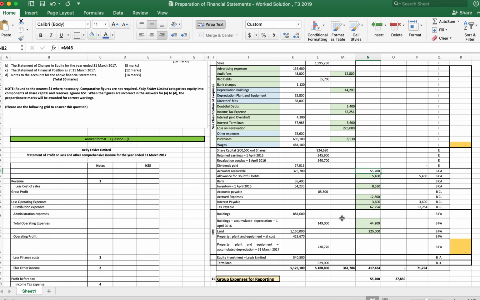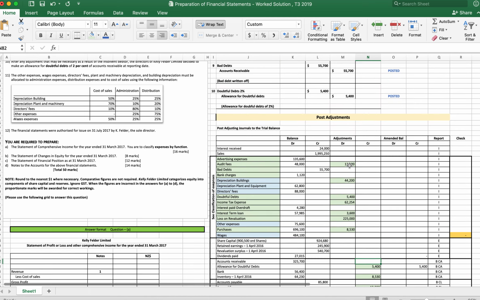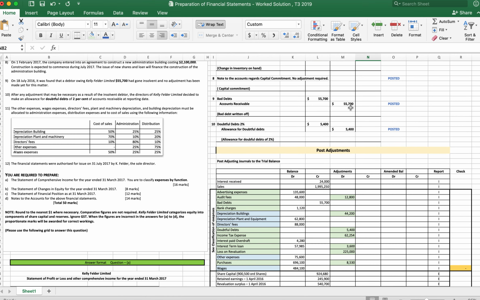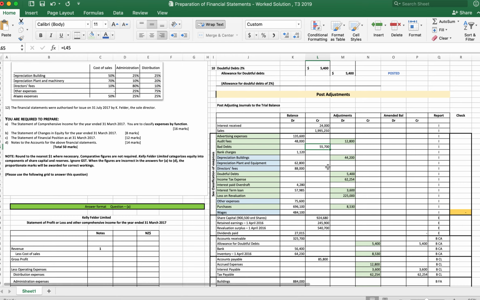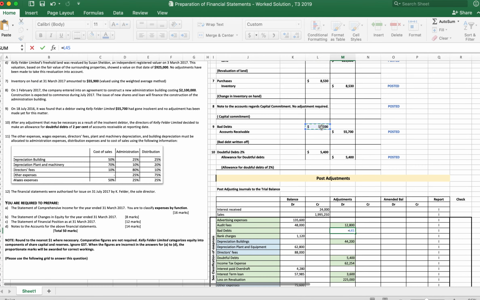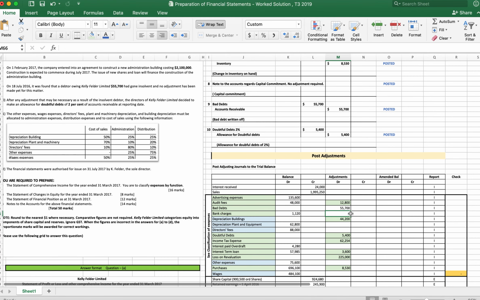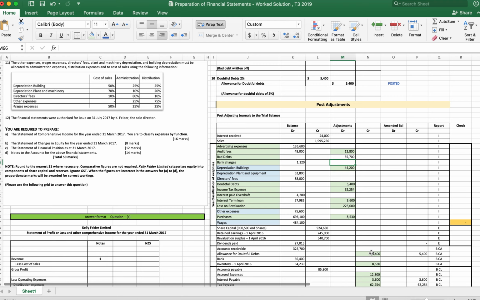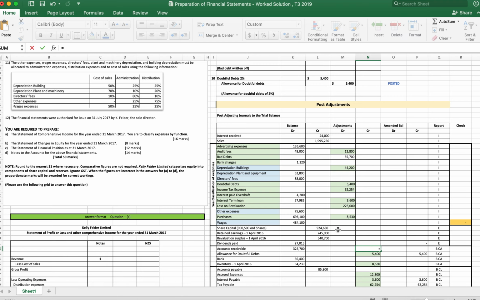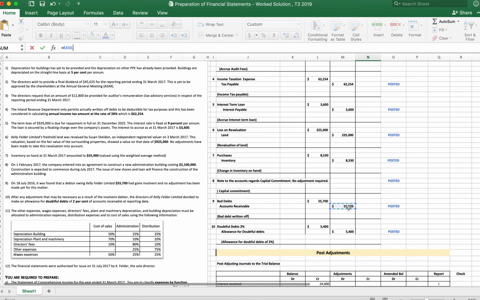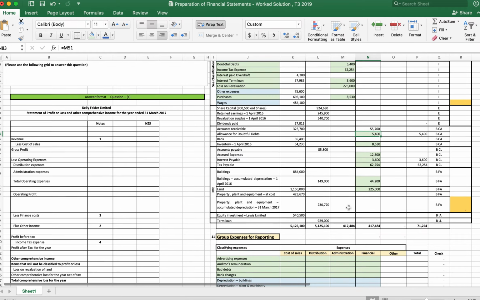Accounts receivable is supposed to be... bad debts is there. Yeah, that's right. Again, that's in the wrong column. Bad debts is there. So I just picked up some things in the wrong columns. That was right at accounts receivable equals that. Okay, cool. Right, so that should balance now.